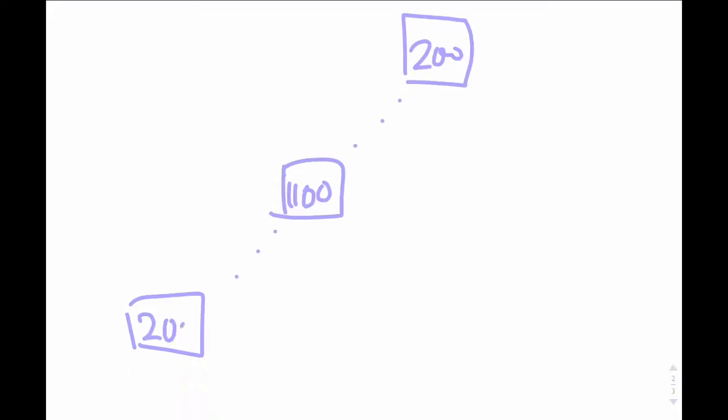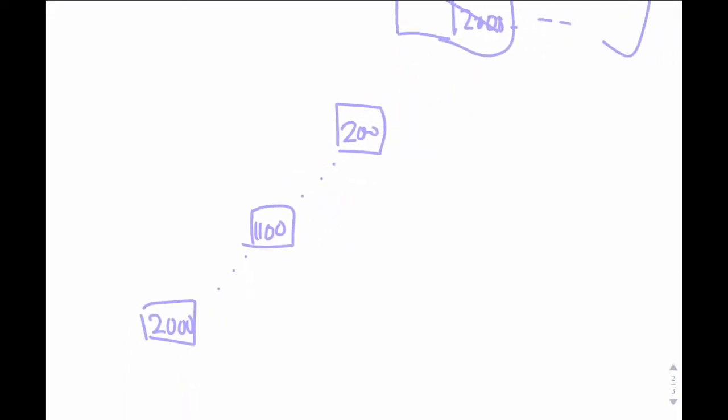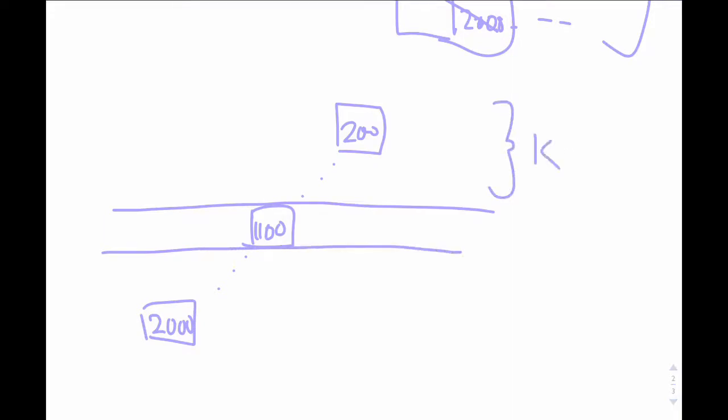And this is 2000. So let's say that this is our middle row, and there are k rows here and k rows here, and we know that everything is symmetrical because 1100 has to be right in between 200 and 2000.